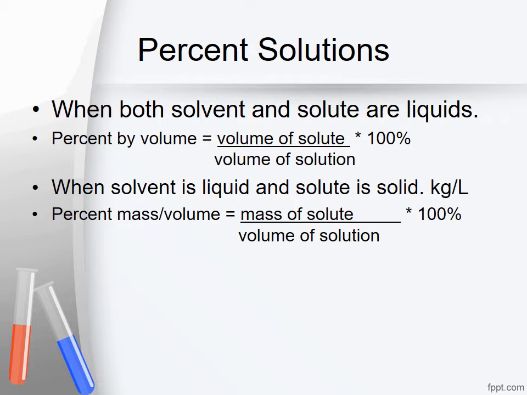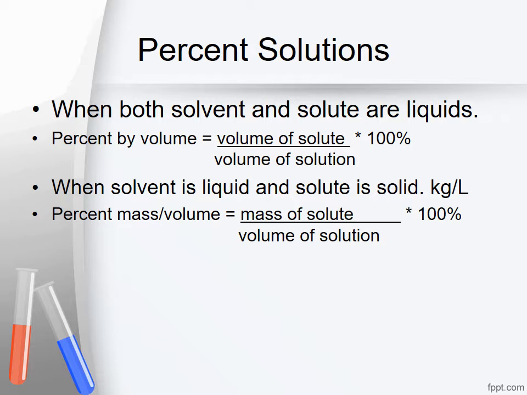So vocabulary. Percent solution is basically percent by volume or percent mass volume, and this is the way a lot of foods label stuff, and that's why I want you to understand it. If you have solvent and solute both as liquids, it's very common to do percent by volume. So you might go and buy, say, peroxide in the health area of the store, and it'll say 3% PV, which means percent by volume.